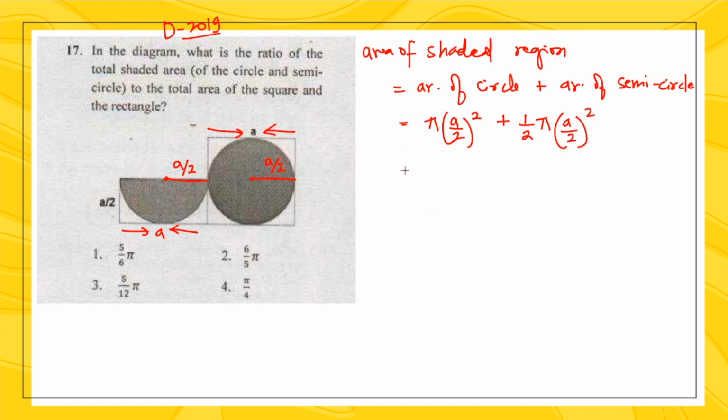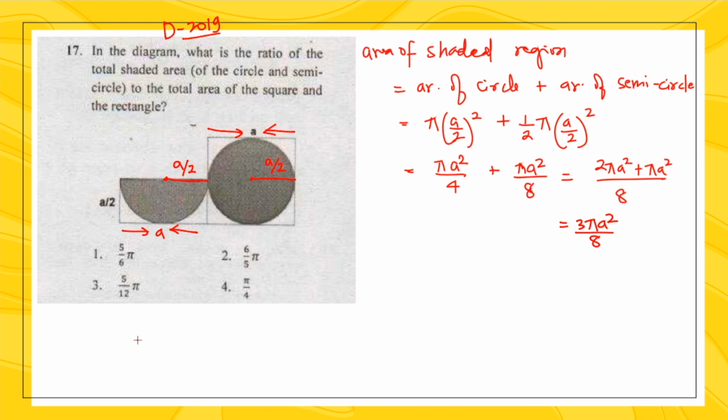If I solve this, I get pi a square upon 4 plus pi a square upon 8. The LCM will be 8, and it will be 2 pi a square plus pi a square, which gives us 3 pi a square by 8. This is what we will get.